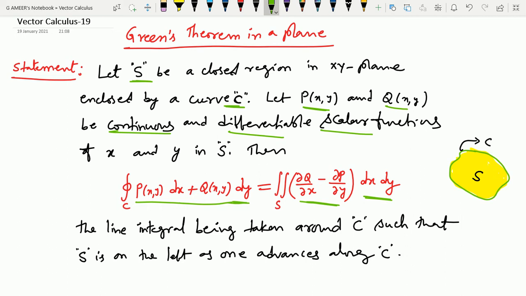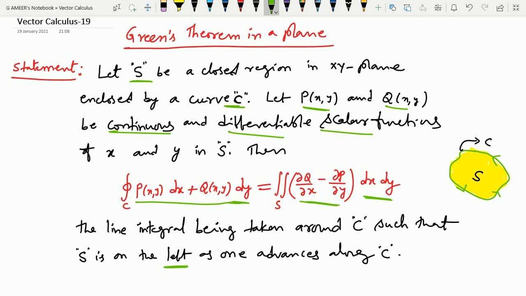We can do this circulation either in the clockwise direction or anti-clockwise direction. Now I am putting the arrows in the anti-clockwise direction. This will be the clockwise direction. Let me explain what that left means. When I am going through the curve, the surface must be on the left side instead of on the right side.